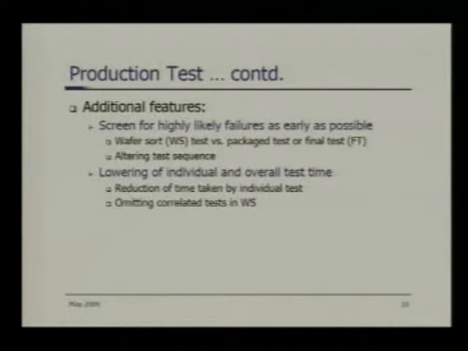Whenever we are talking about testing, say, 1,000 devices, if I see that 80% of devices are failing the RF output power test, I save the time for those 80% of devices by doing the RF output power test earlier. So there is a test sequencing problem here. That is also a research problem, by the way.